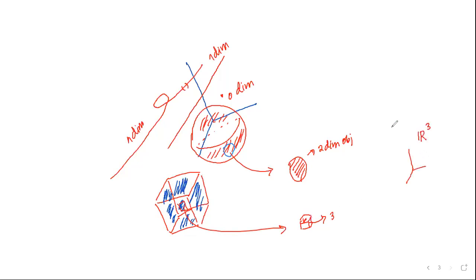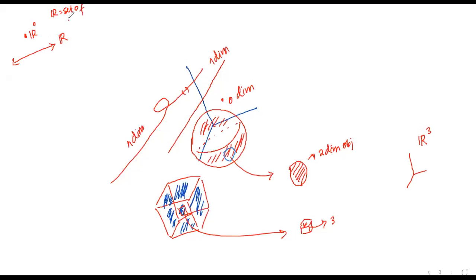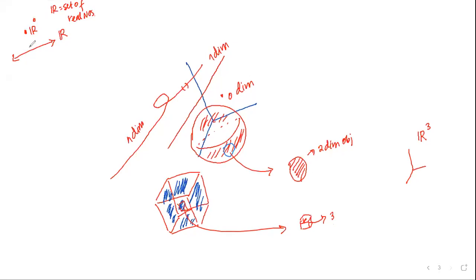A point you can call R0, and a line you can call R, the set of real numbers. Why do we call them like this? Because all the elements of the set of real numbers correspond one to one with the points on the line.